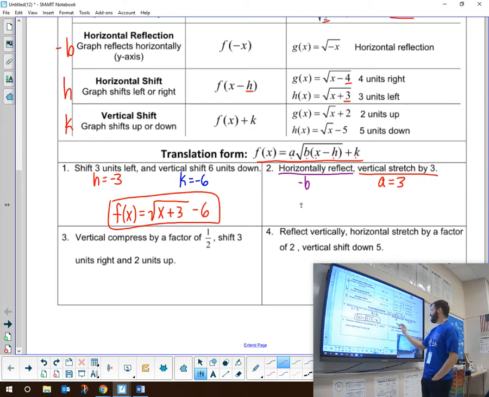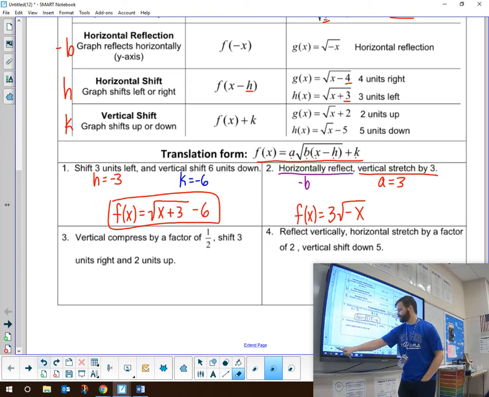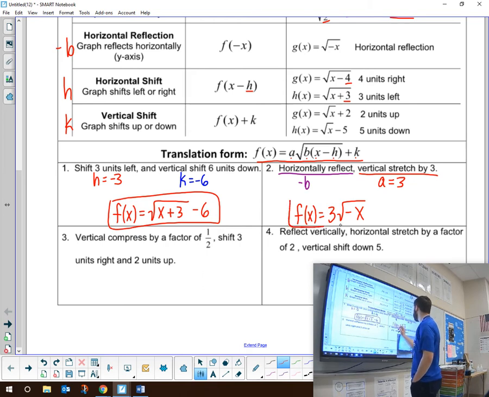Okay, so we're going to have f of x equals my A of 3 times the square root of opposite B. So we're going to have a negative B and an x, and then it doesn't say anything about my h or my k, so we can just stop right there. F of x equals 3 times the square root of negative x.